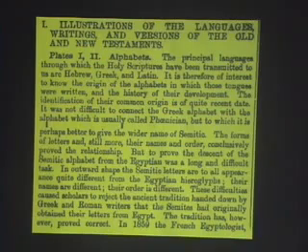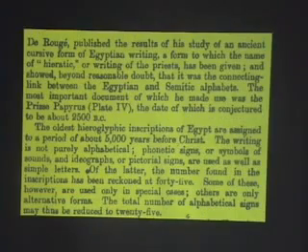In 1859, the French Egyptologist Desroches published the results of his study of an ancient cursive form of Egyptian writing, a form to which the name of hieratic, or writing of the priest, has been given, and showed beyond reasonable doubt that it was the connecting link between the Egyptian and Semitic alphabets.